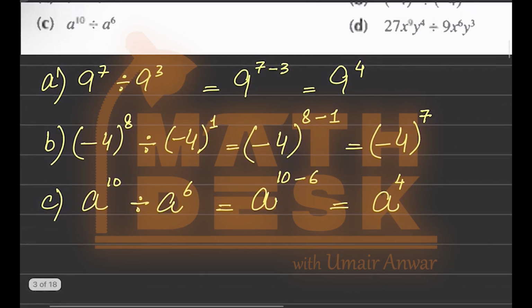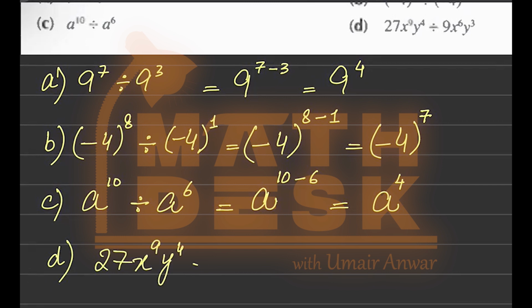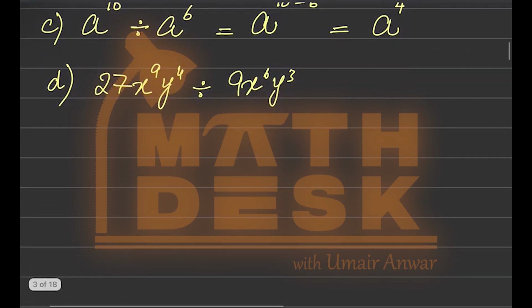Now moving on to the last part, which is 27 x raised to 9 y raised to 4 divided by 9 x raised to 6 y cubed. Now, first of all, we could write the numbers in the fractional form.